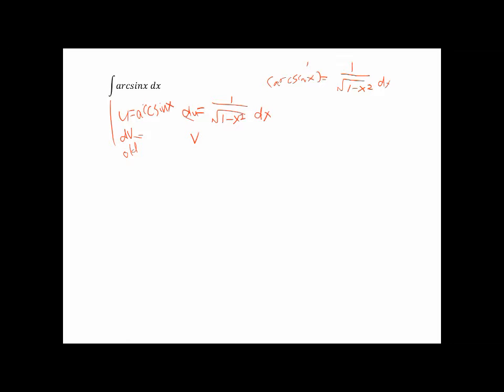Okay, so as I said, this column is the old column, which means everything should be from my question, right? I already have this arcsine x, so what is left is dx, right? So I put it here at dv.